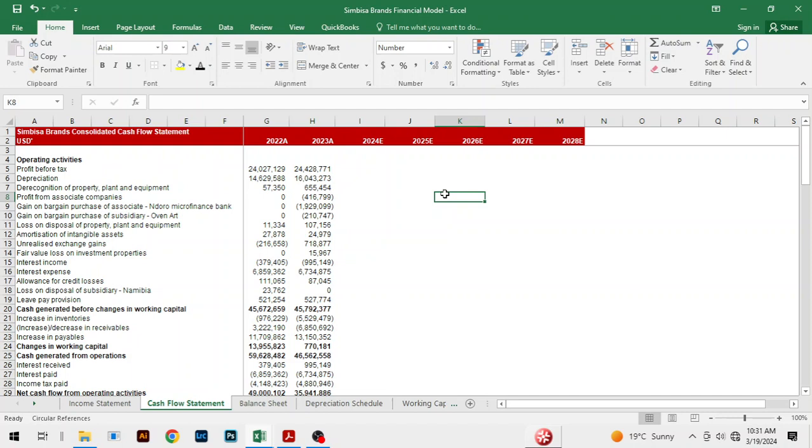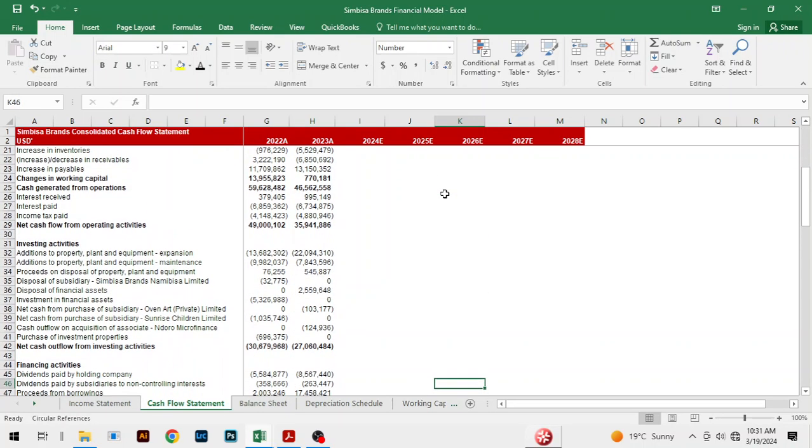We also take into account changes in working capital, and then we get to the actual cash produced from operating activities. And then we see that this cash was also used to finance the purchase of property, plant, and equipment, either for expansion or for maintaining the operations of the business.